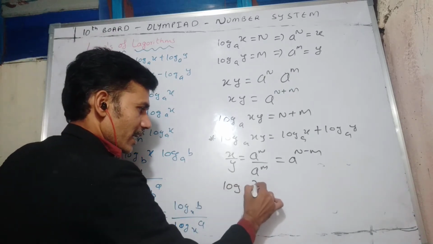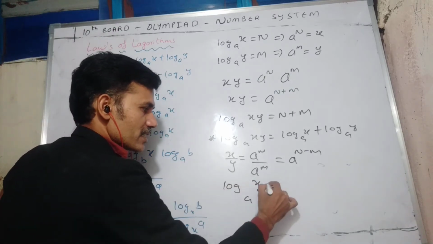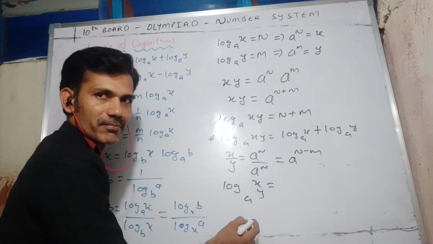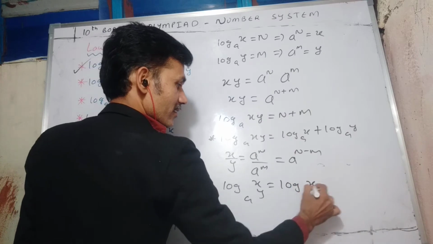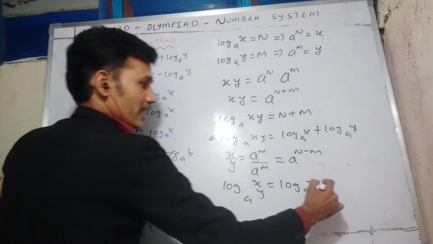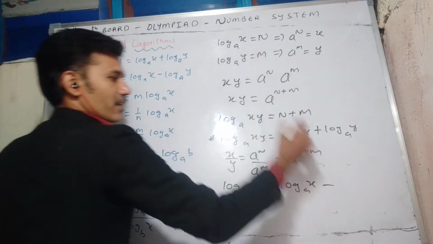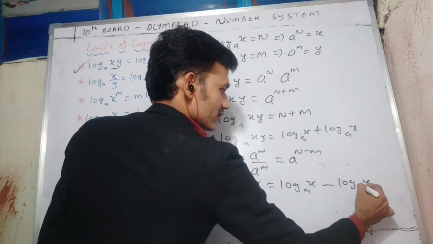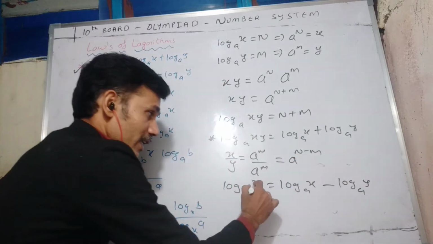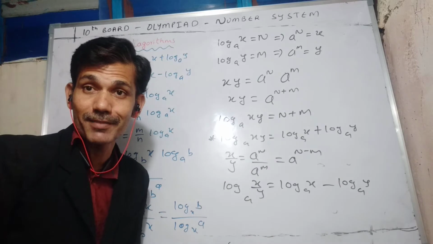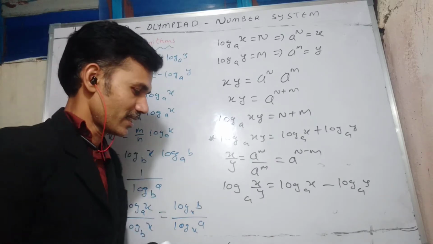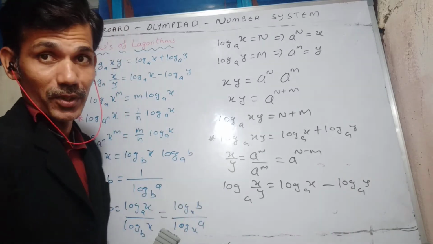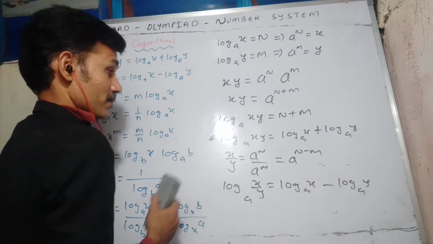So log x/y base a is n minus m. N is what? Log x minus m. M is log y. So log x upon y means log x minus log y. That is quotient logarithm. This is the property of logarithms of quotients.